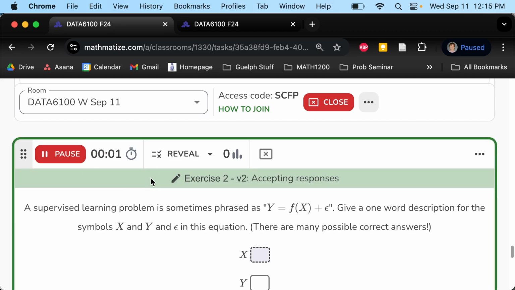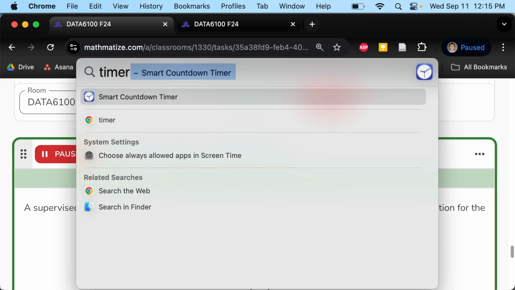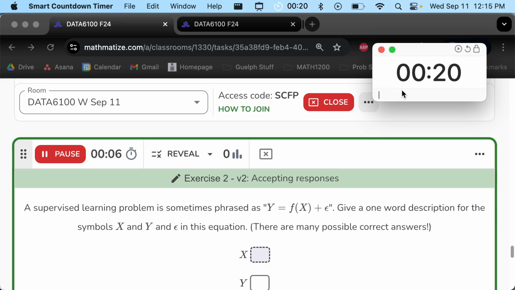Okay, it's open again. Let me give you 2 more minutes. Feel free to chat with people or use your notes to tell me about the epsilon.